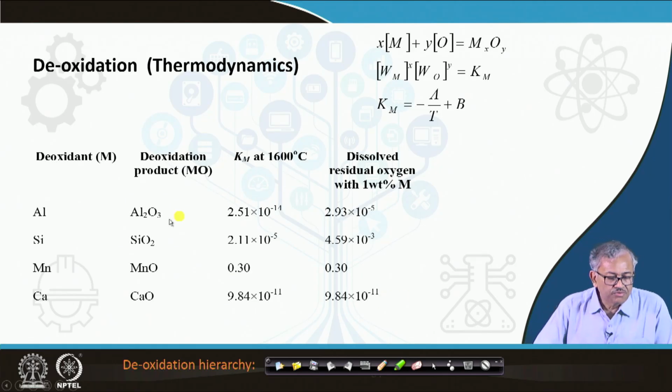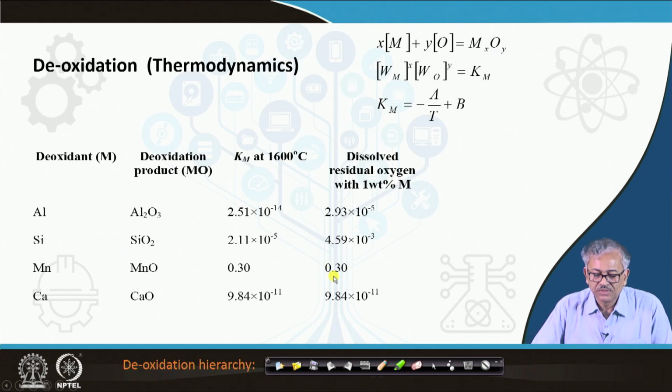Silicon and manganese have comparatively high oxygen, that is 0.3 weight %, which means 300 ppm.